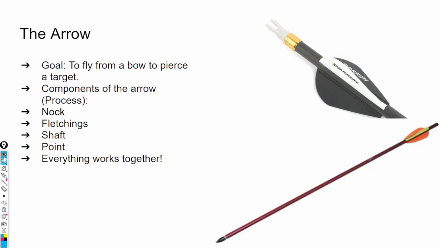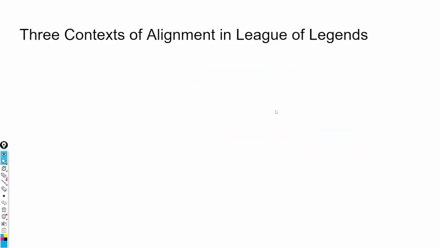Now, this is kind of like the general idea behind how alignment works, right? It has this process and it has this goal. And again, the context is going to make it look a little bit different, but the core idea remains the same.